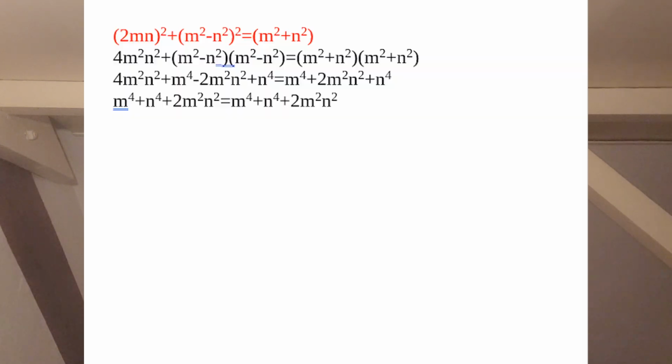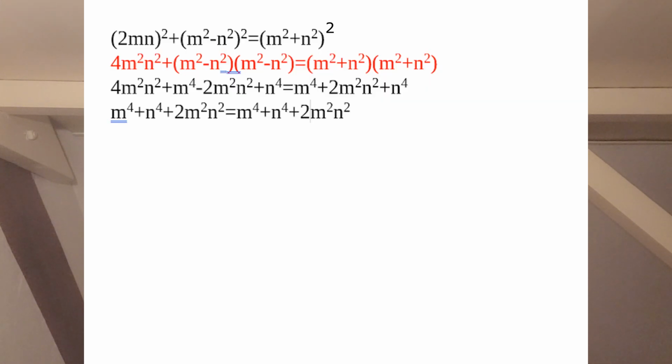So we will base it on the original equation, a squared plus b squared equal to c squared. We replace it with the theorem. It gives again (2mn) squared plus (m squared minus n squared) squared equal to (m squared plus n squared) squared.